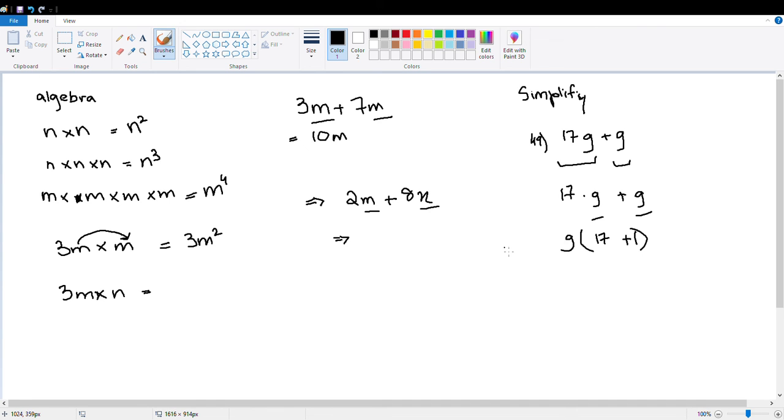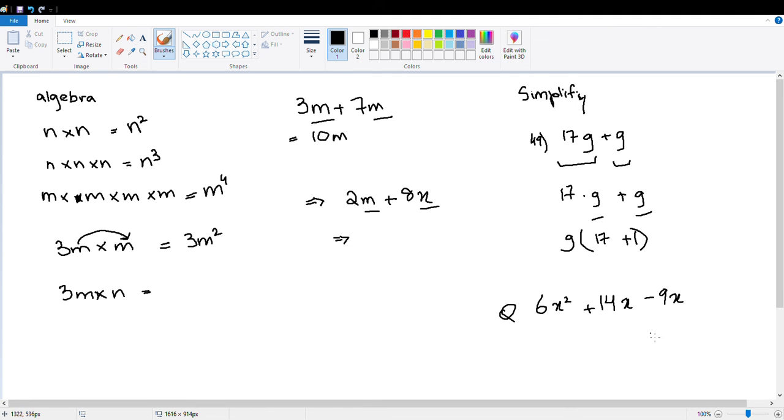Now if we take some other question, for example 6x square plus 14x minus 9x.